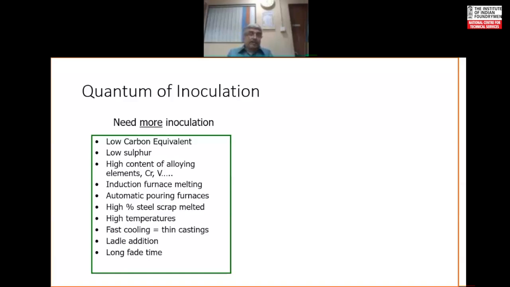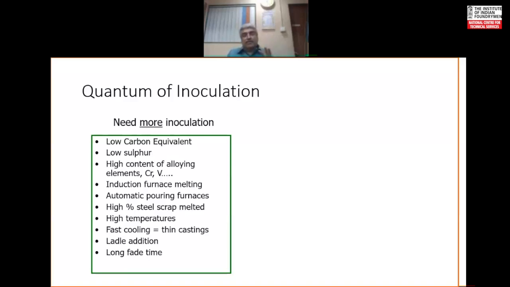You have induction furnace melting, where because of the churning there are fewer incipient nuclei. Or if you are using automatic pouring furnaces like press pours, the holding time of the metal bath goes up. That means there is fading of inoculation happening, so we need more inoculation. Higher temperatures again, because there will be dissolution of inoculants, fade will be more, or you will need more quantity.